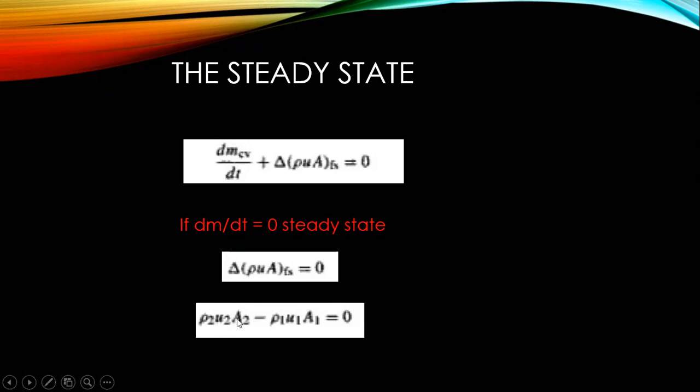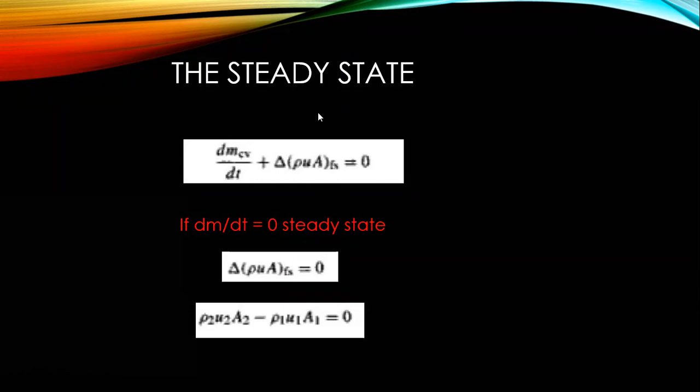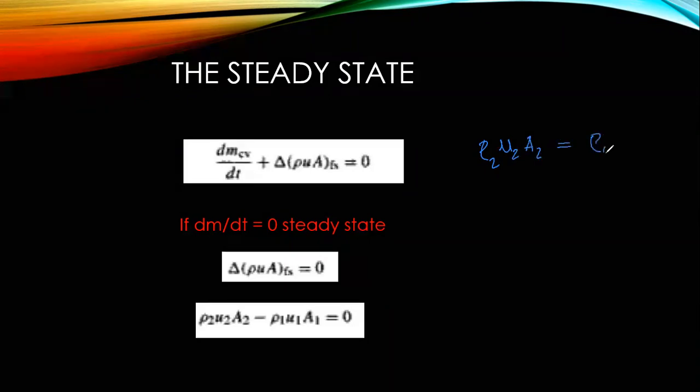So kung dalawa lang yung flow stream nyo, isang pumapasok, isang lumalabas, it is reduced to this one. So ito lang yan: density 2 times velocity 2 times A2 is basically equal to density 1 times velocity 1 times area 1.